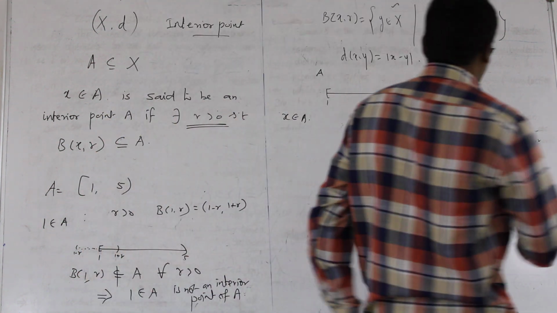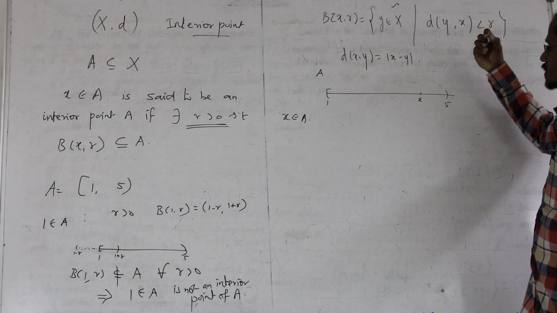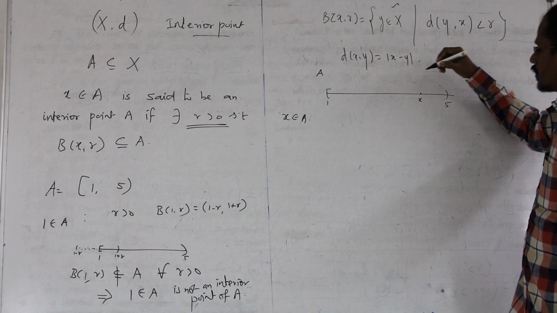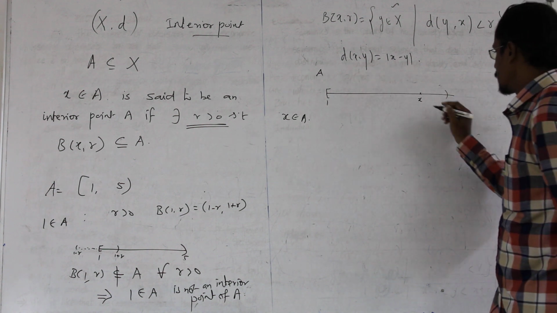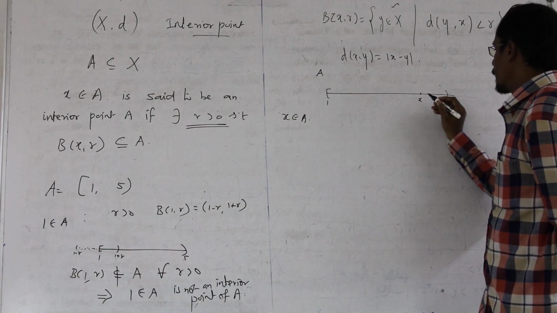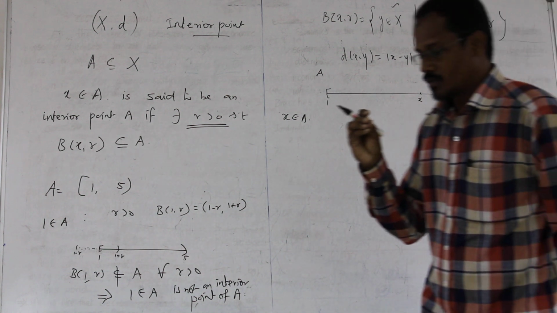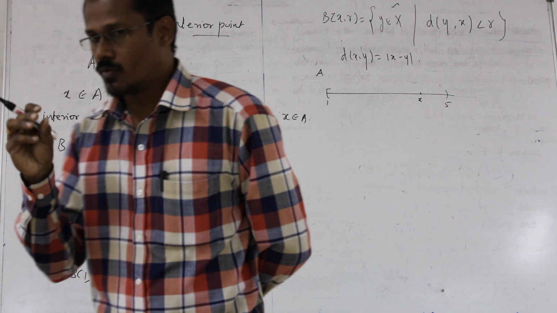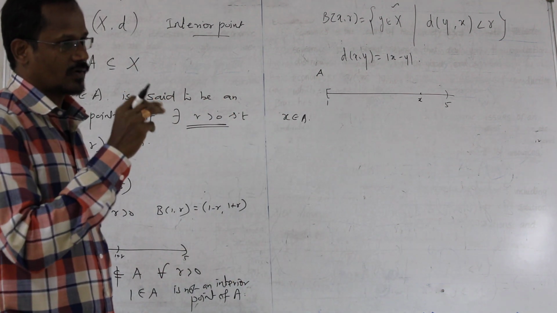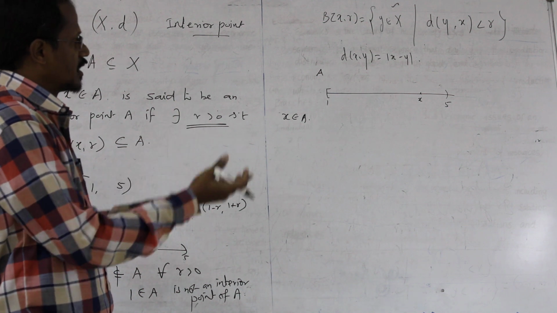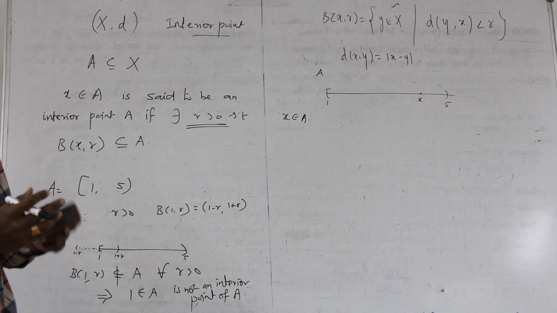Now geometrically, or intuitively, is it possible to draw an open interval around x which is completely contained in the set? Why am I asking about a symmetric open interval?